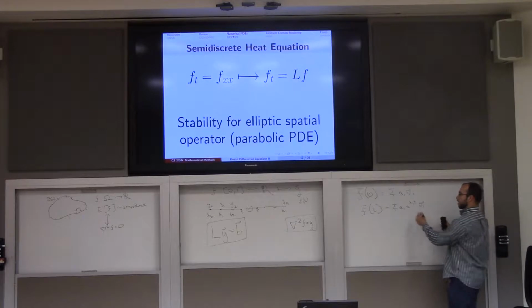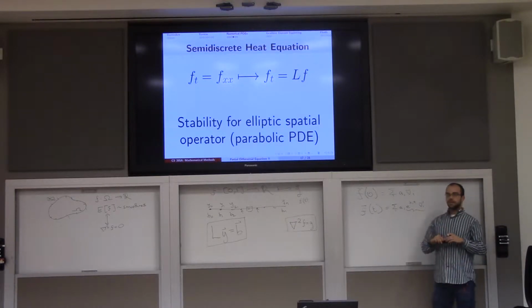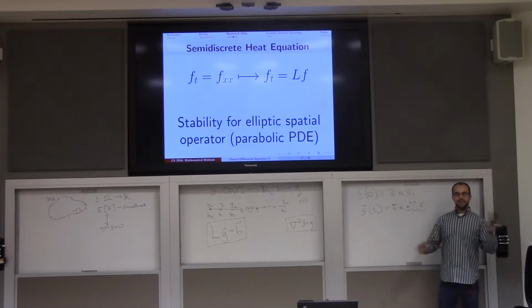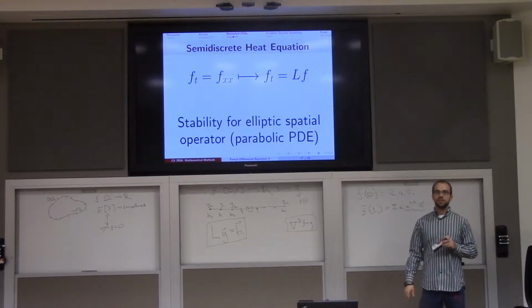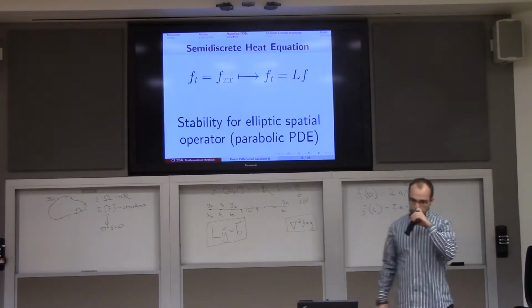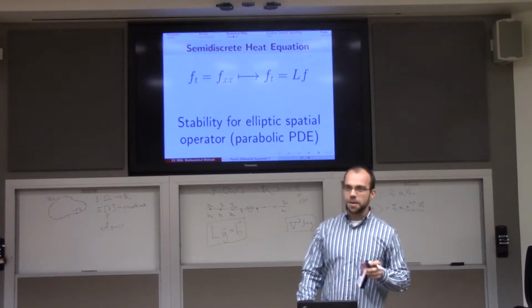Yeah? Because all of these terms just vanish and go to 0. There's no crazy oscillation, which you wouldn't expect in heat diffusion. So that's a nice property about semi-discrete stuff.